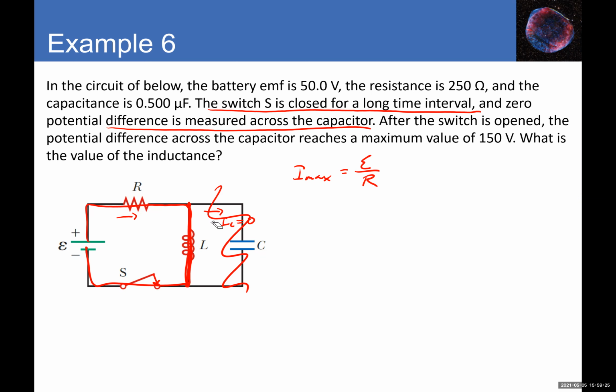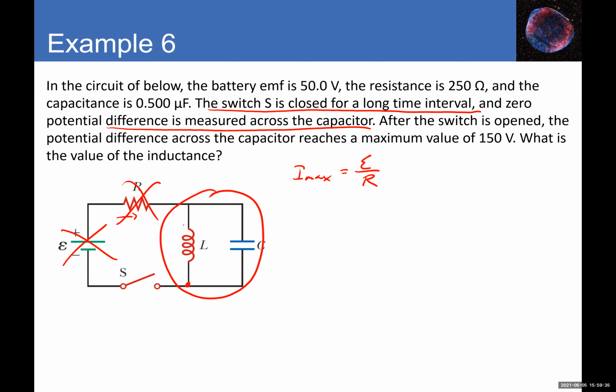Now, when we open the switch, the battery and resistor are basically removed from the circuit, and we're only looking at this part of the circuit because everything else is disconnected from it. As soon as the switch is open, we can assume there's no longer any current through the battery and the resistor.